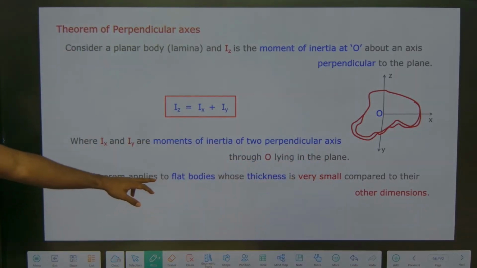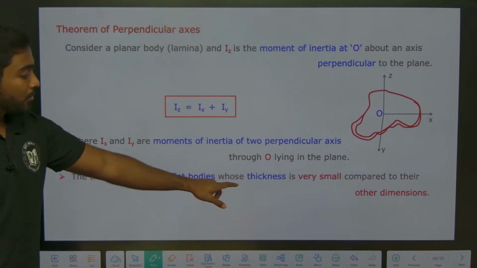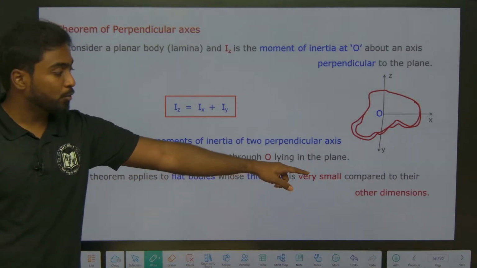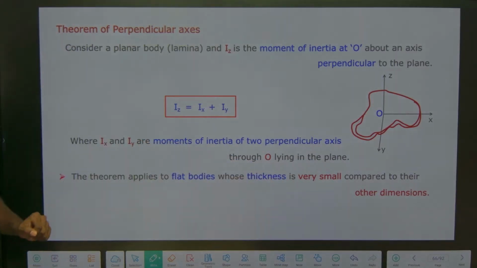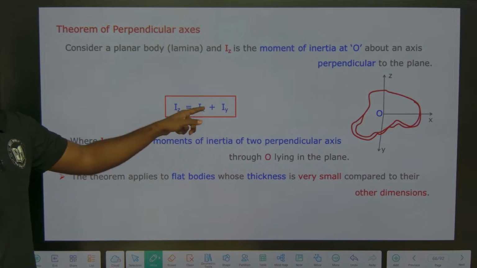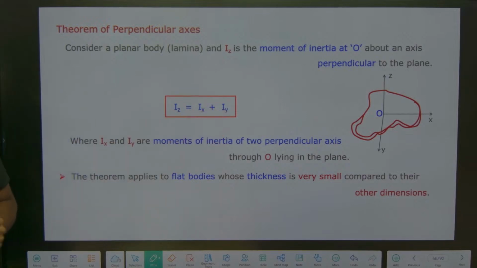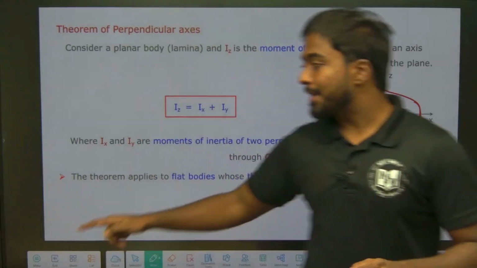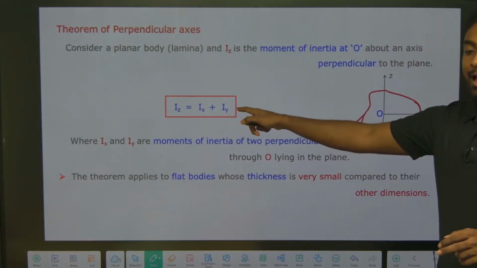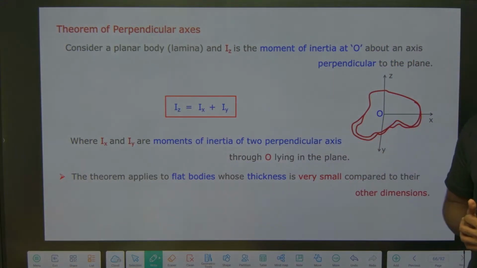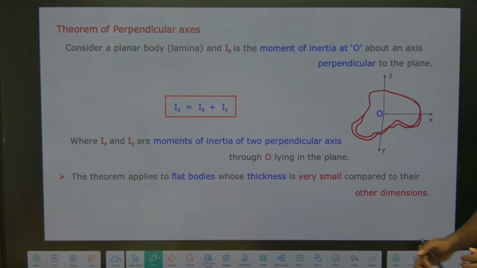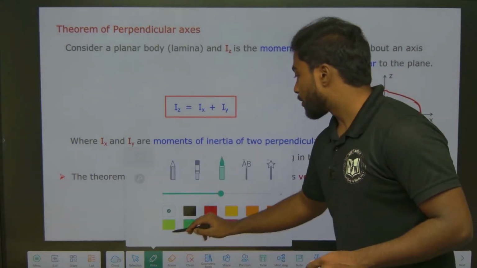The theorem applies to flat bodies whose thickness is very small compared to the other dimensions. The formula is Iz equals Ix plus Iy. So moment of inertia about the z axis equals the moment of inertia about the x axis plus that about the y axis. This is the perpendicular axis theorem. You can take a note of this.